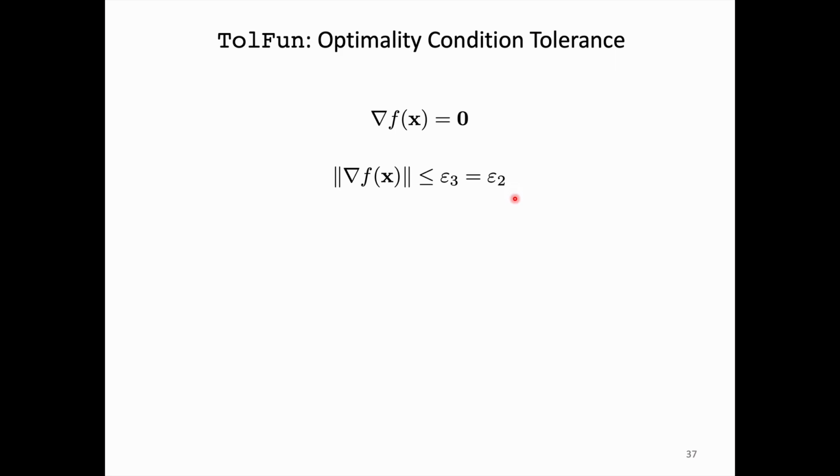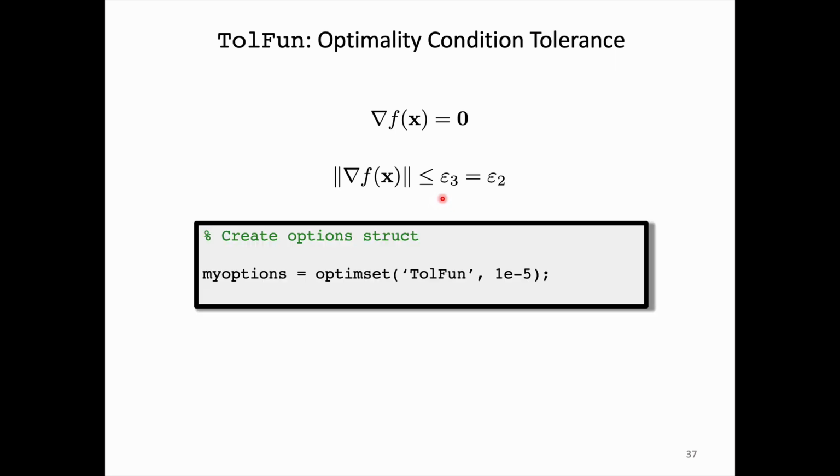At least in MATLAB, for the specific tolerances that we have control over, TolFun is used in two different ways. And so the second way that we're seeing it being used here is for optimality conditions and not just for convergence of the objective function. We can specify TolFun as with all the others using optimset.